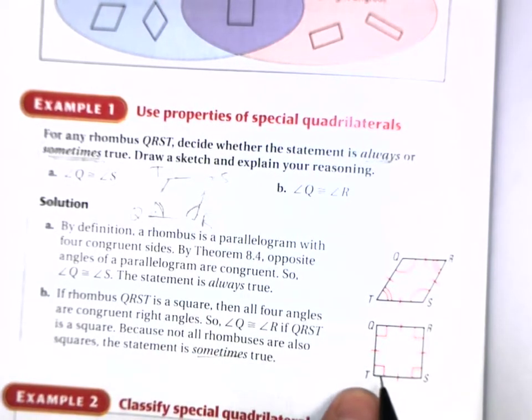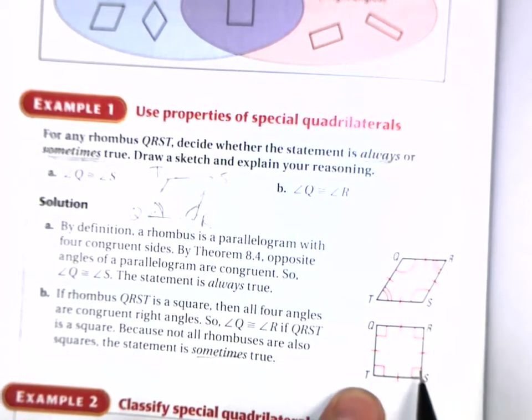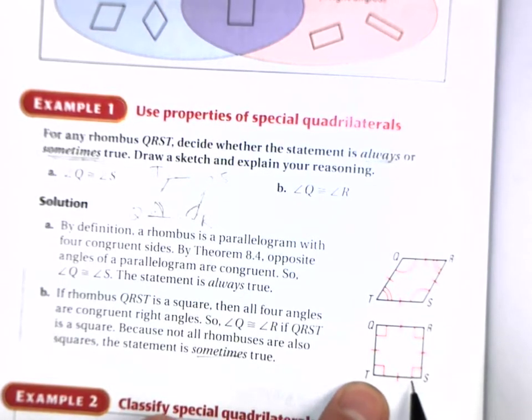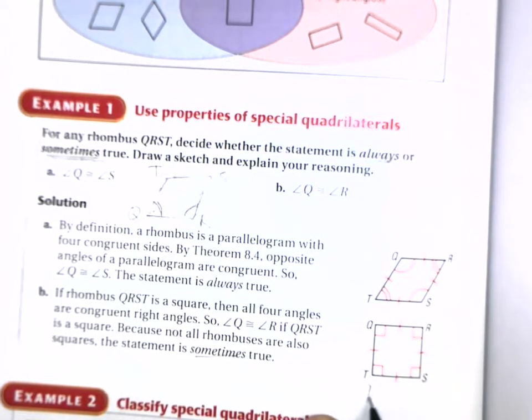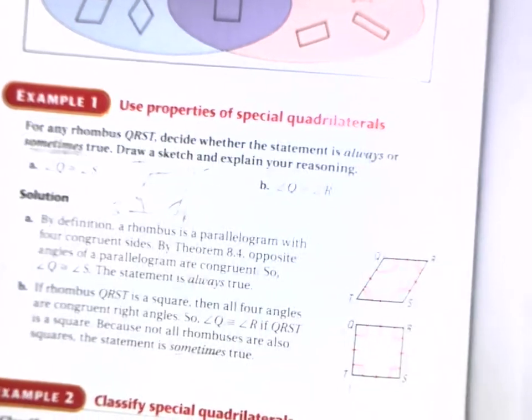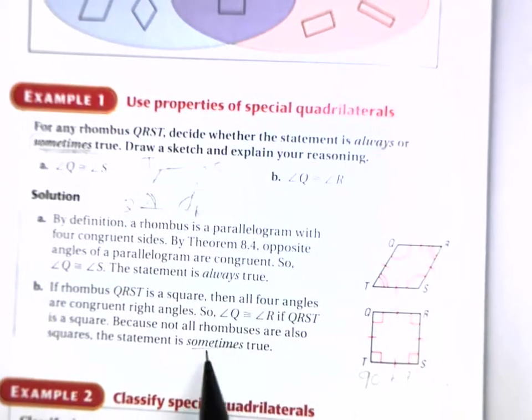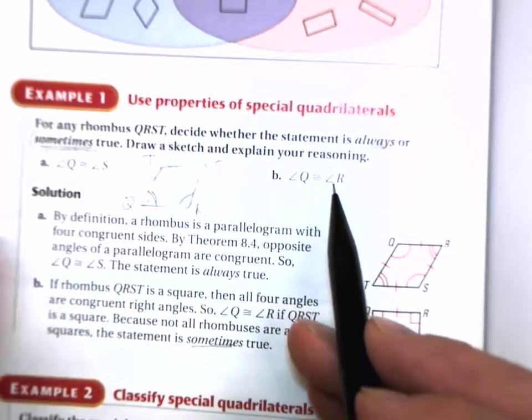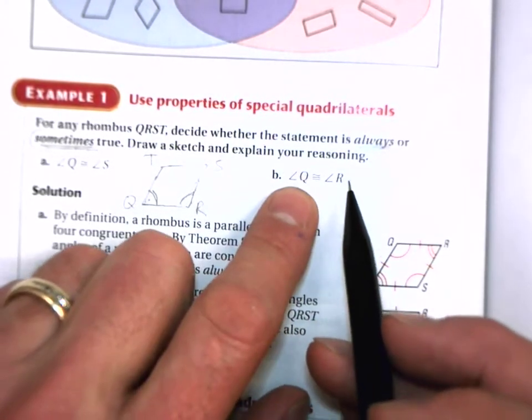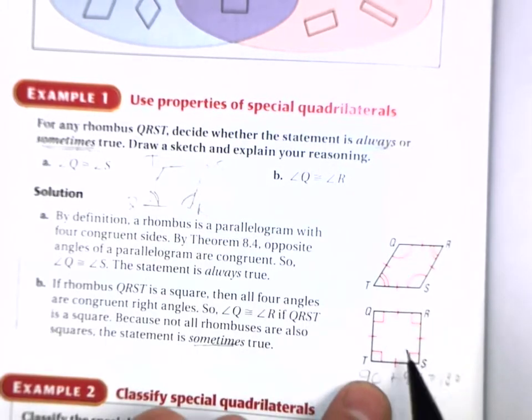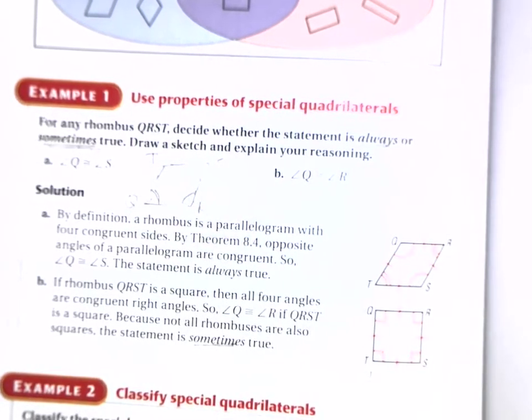And so the only way for two angles to be congruent and also supplementary is if they are right angles, if both of them are equal to 90. 90 plus 90 equals 180, right? That's the only way for that to be true. So it's only sometimes that the consecutive angles are congruent, and the only time that's the case is when this rhombus is a square.